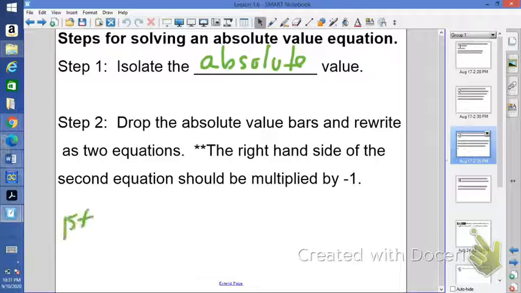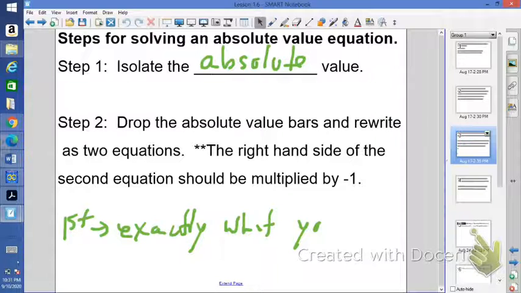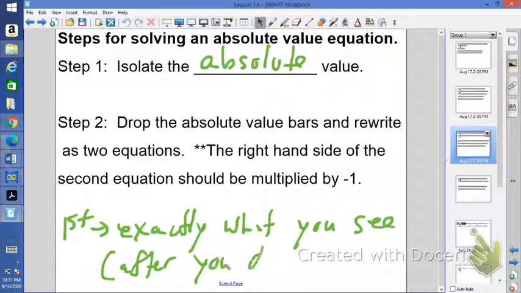The first equation is exactly what you see after you drop the absolute value bars.